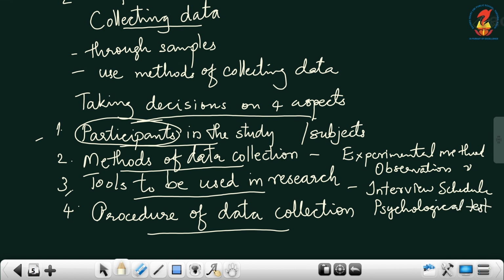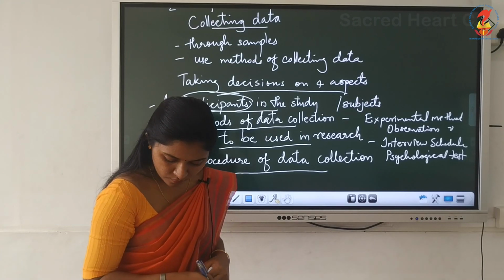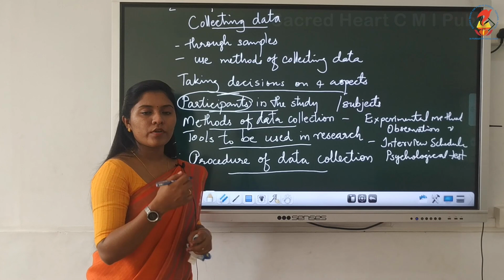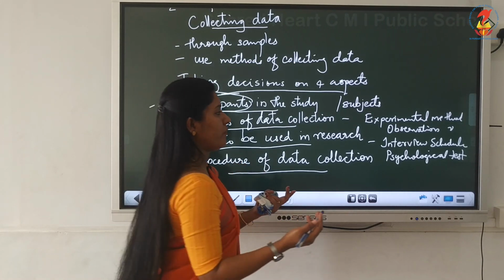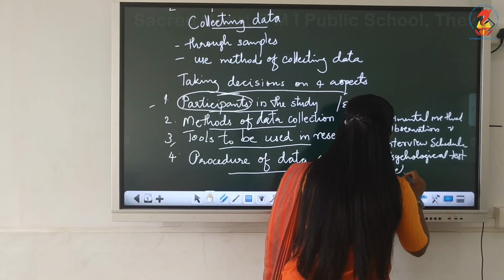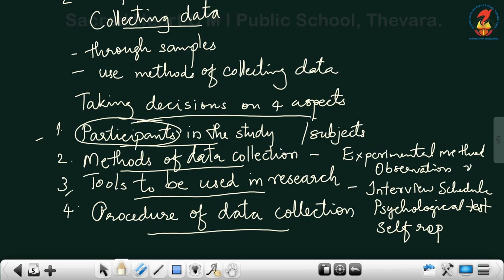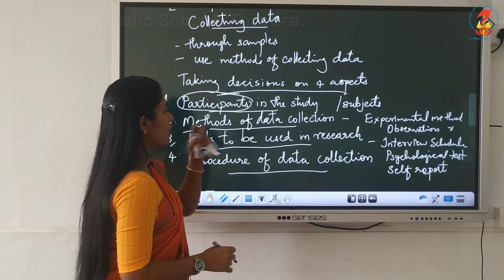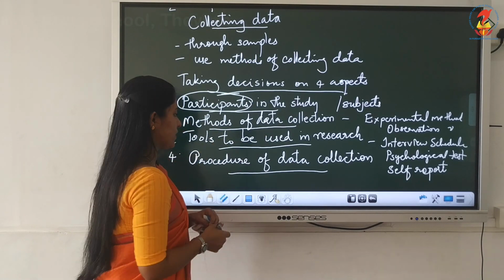Or you are going to ask them to report their own behavior, then you are using a self-report tool. You have to decide which tool you are going to use for this particular research.